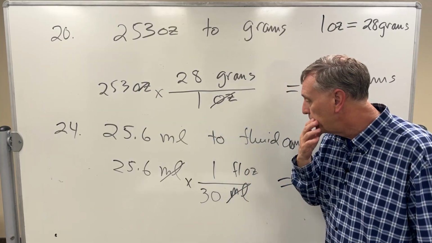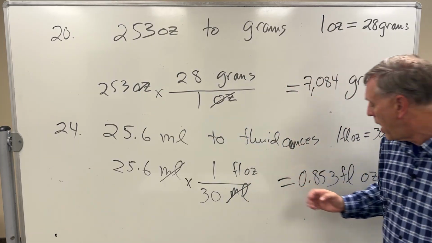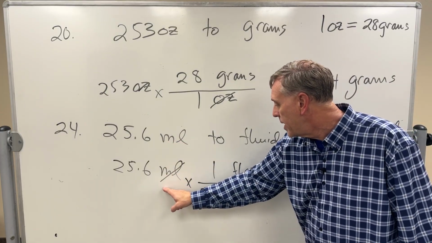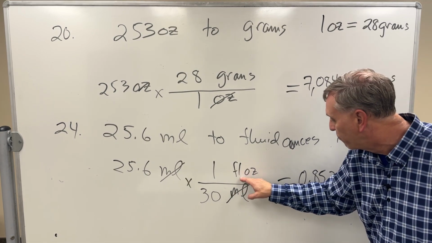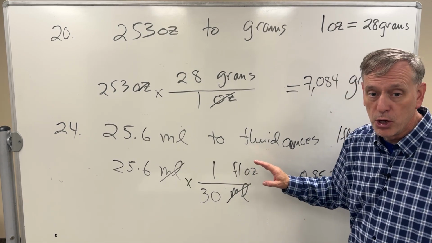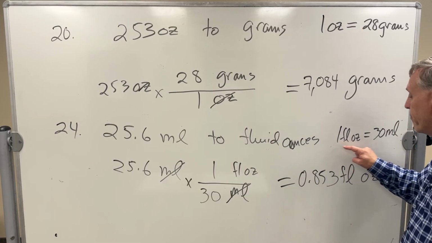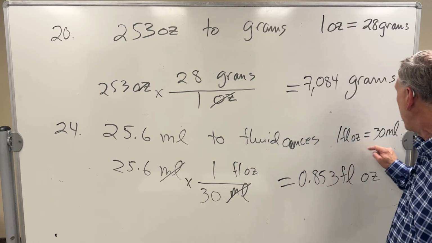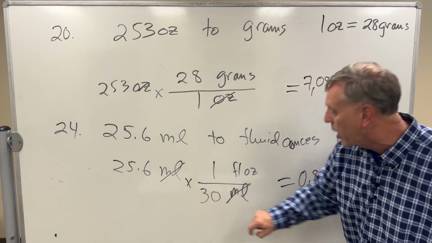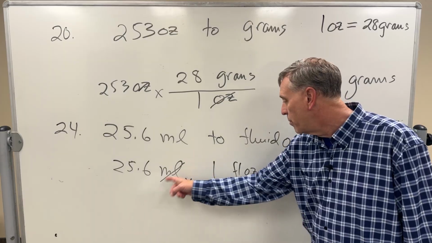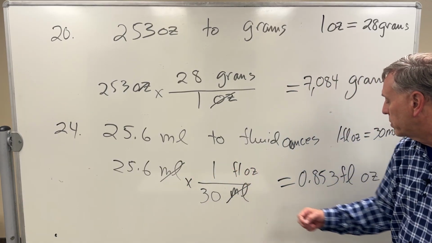The reverse happens here. I'm looking for fluid ounces. I'm starting with milliliters, looking for fluid ounces. I need the milliliters to cancel out. I need fluid ounces to be in the numerator. I need milliliters in the denominator. So now I look over here and I get 1 fluid ounce. I'm going to put the 1 there. I need 30 milliliters. I'm going to put the 30 there. Now I'm dividing. You see, because in dimensional analysis, the milliliters will cancel, leaving me fluid ounces.